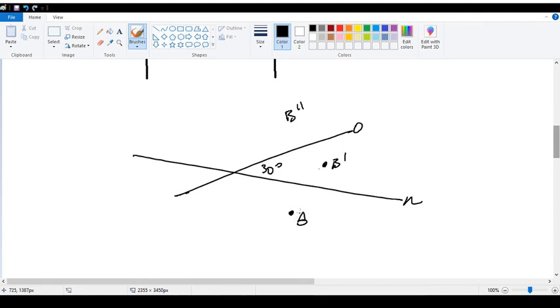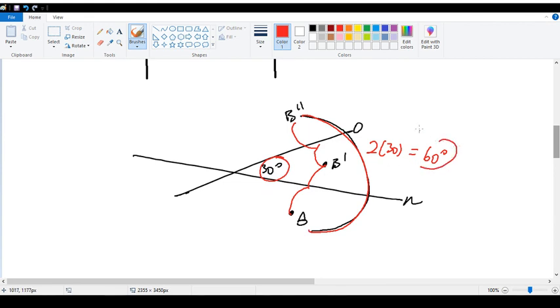So two reflections here on this angle is the same thing as a rotation of double that angle. Double that angle will be 60 degrees. So a reflection over line N, a reflection over line O is the same thing as a rotation around that angle. And the answer would be a rotation of 60 degrees about this point.